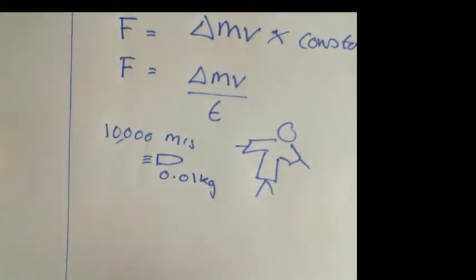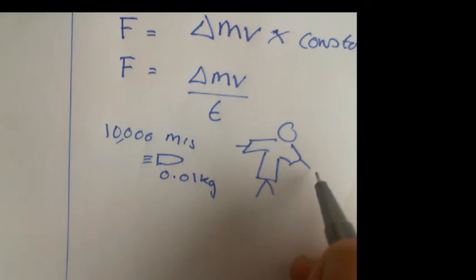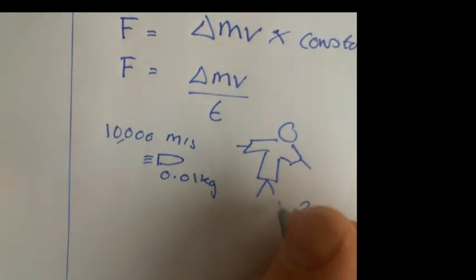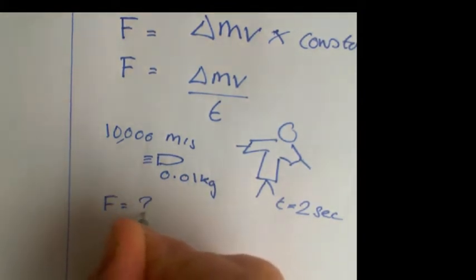And let's say that it is stopped. It takes 2 seconds for the bullet to be stopped by the vest. So I'm going to say that T equals 2. What I want to know is what is the force, so F equals question mark.